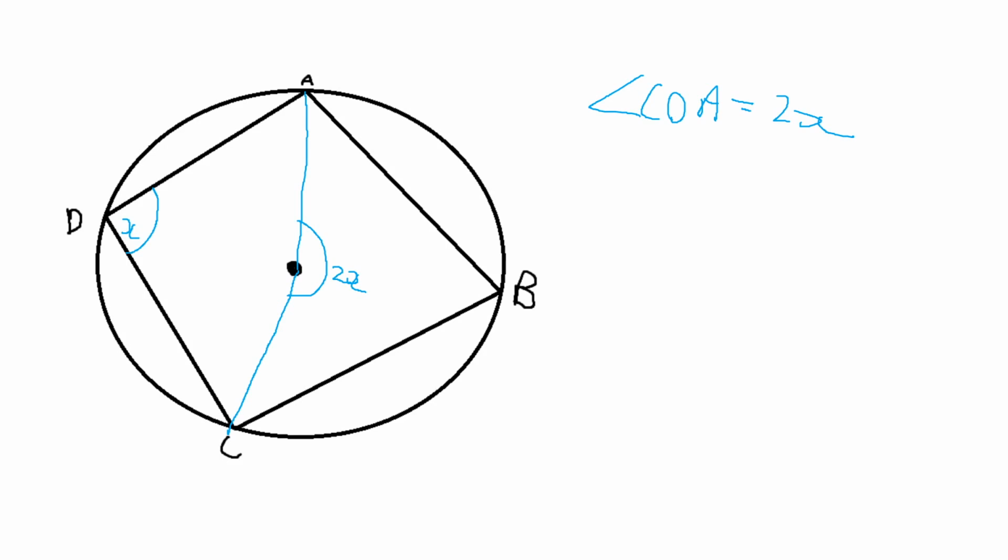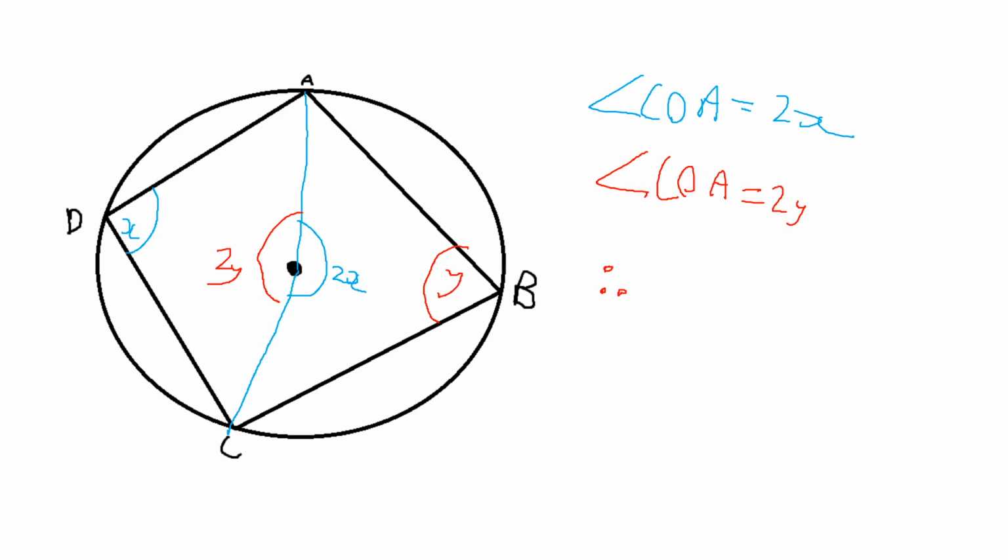Now let's label this one y, okay? Again, using the same circle theorem, angle COA has to also equal 2y. Yeah? So therefore, what does 2x plus 2y equal?